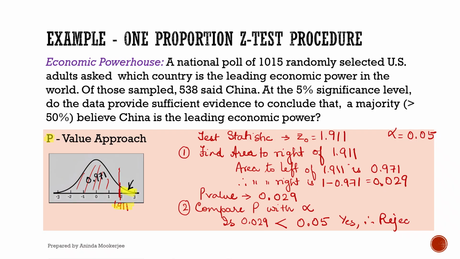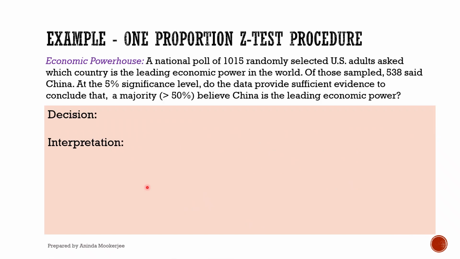And that decision is the same as what we got from our critical value approach. And that's how it should be. Both approaches should arrive at the same decision, right? Now we are in the final steps of the procedure. We have to formally state the decision and then write out an interpretation.